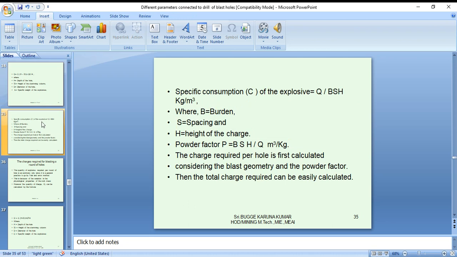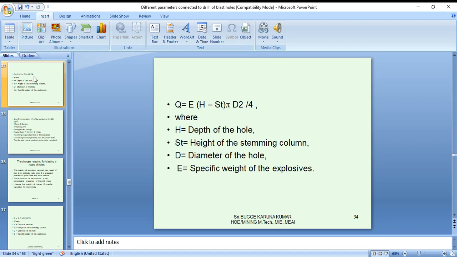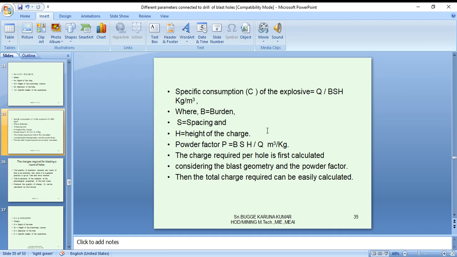Next, specific consumption of the explosive. What is meant by specific consumption of explosive? Q, as you are already aware, is the quantity required for the charge, divided by BSH. What is B? Burden, spacing, height. Then you get the specific consumption of the explosive. So for a hole, how much explosive is consumed we get indirectly as Q by BSH.